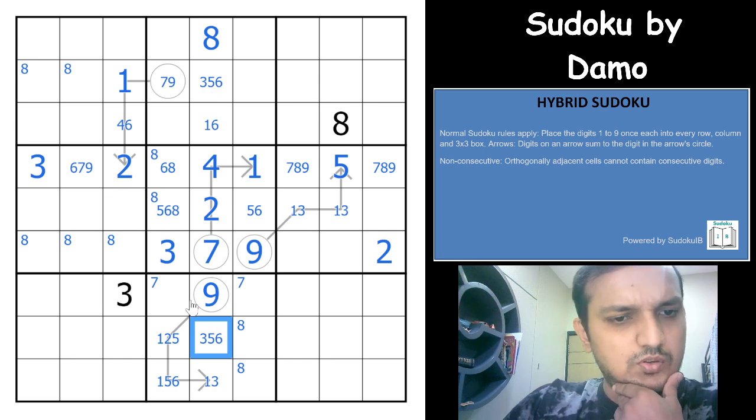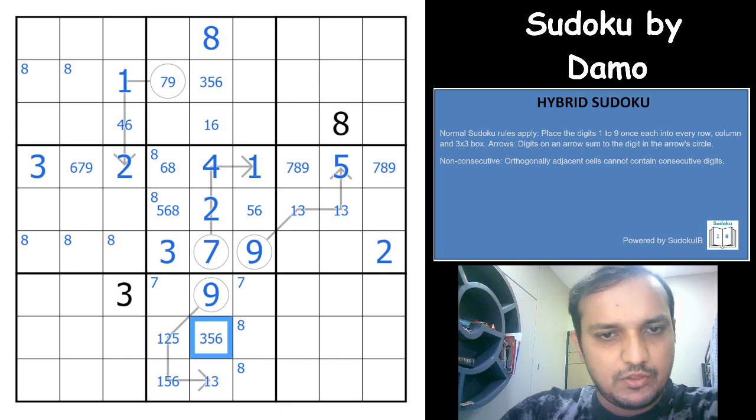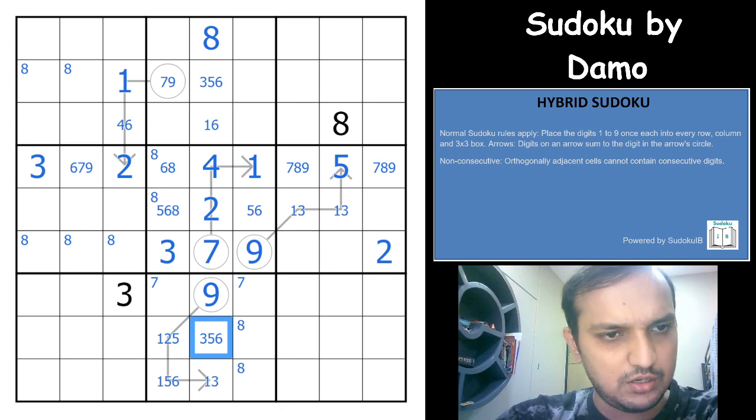Cannot be a 3 because that is too complex, but let's see what are we missing here again.